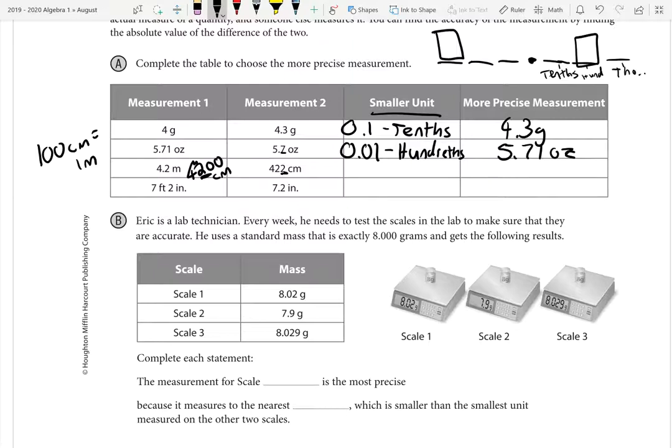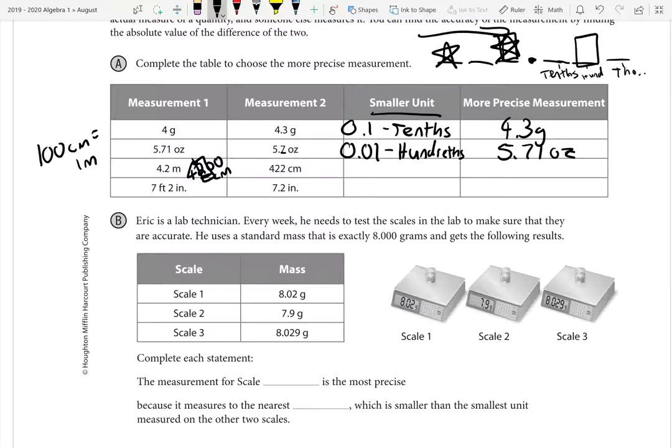The ones place. So when you're comparing the two, this one goes to the hundreds, this one goes to the ones, then the one that's going to the ones is more precise because, again, it's further down the line here, right? Remember, the hundreds place is the third one there, and the ones place is here. So the ones place wins. The ones is more precise.